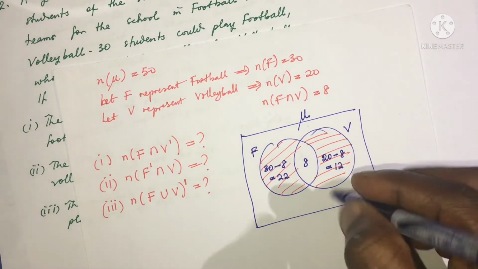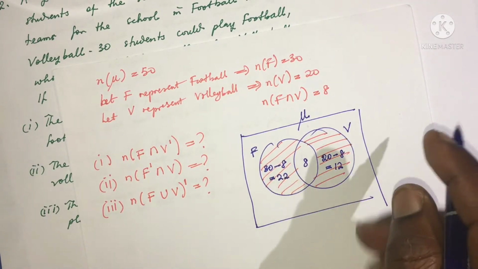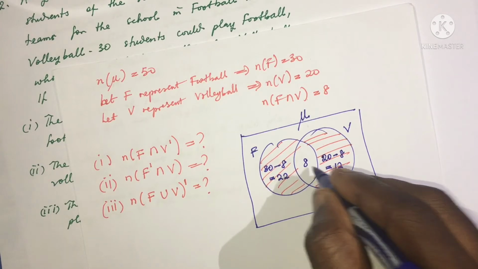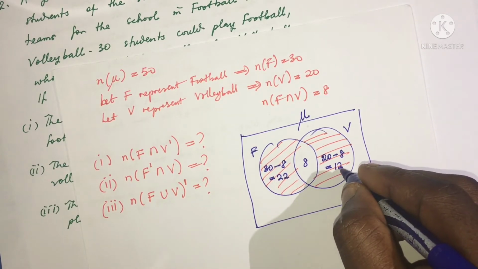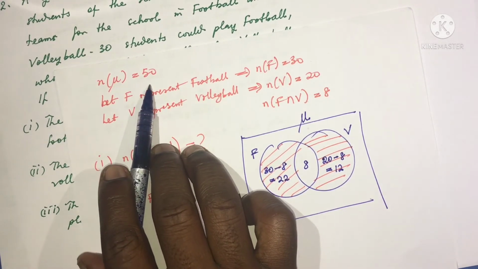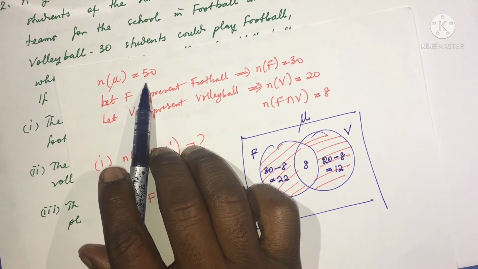So, now, if you want to know those that are here, all you would have to do is to subtract 22 plus 8 plus 12 from the universal set. Now 50 students were called for those games to be partitioned into football and volleyball teams.